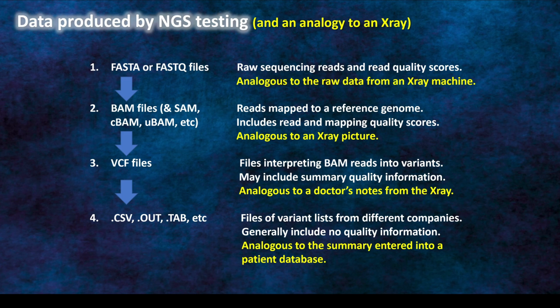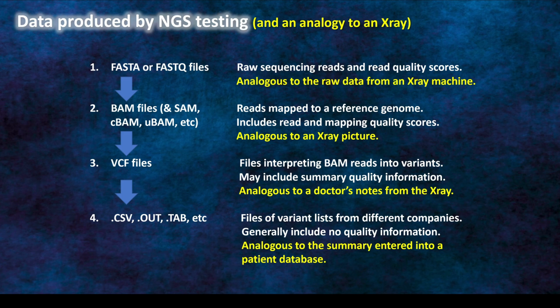And I tend to use the analogy that this is analogous to the summary information that's entered into a patient database. It may not even contain everything that was in the doctor's notes. It may just be typing that in as well, so you might get the same information there. But that's highly variable as to whether or not you have enough information there if you want to analyze your complete DNA test and find things that, in this analogy, the doctor didn't find.